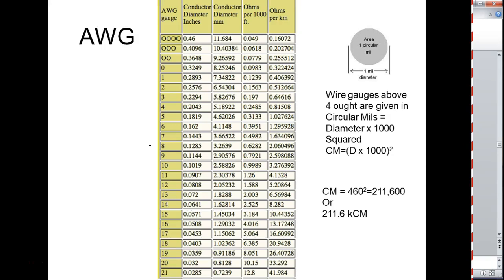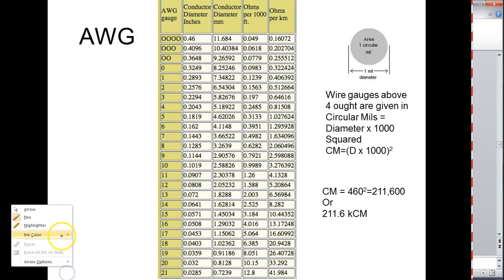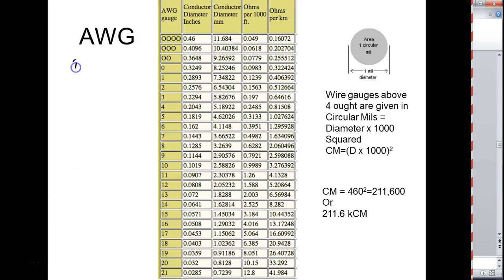So what determines the resistance of a conductor? Usually we start off with the material it's made of. And then we talk about the size, which we refer to as a gauge. And then third, we do the length.